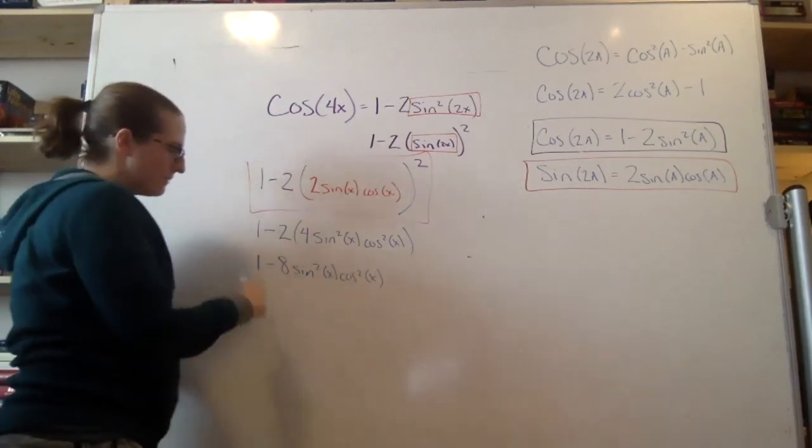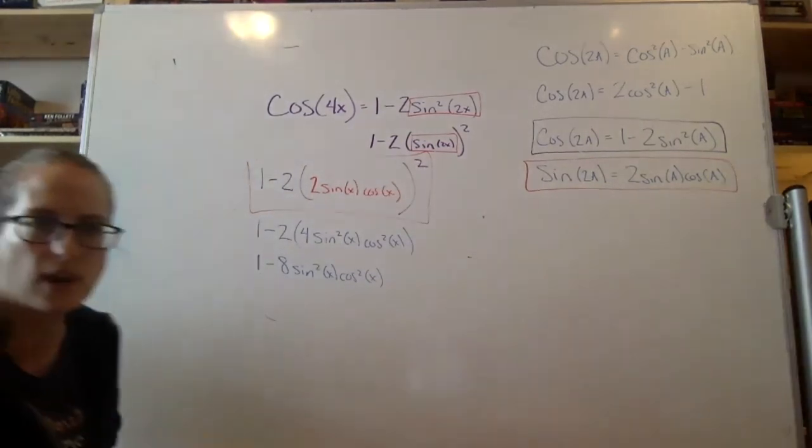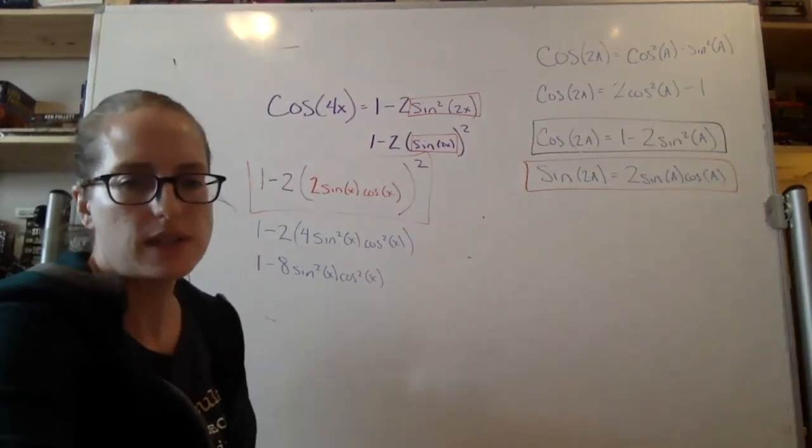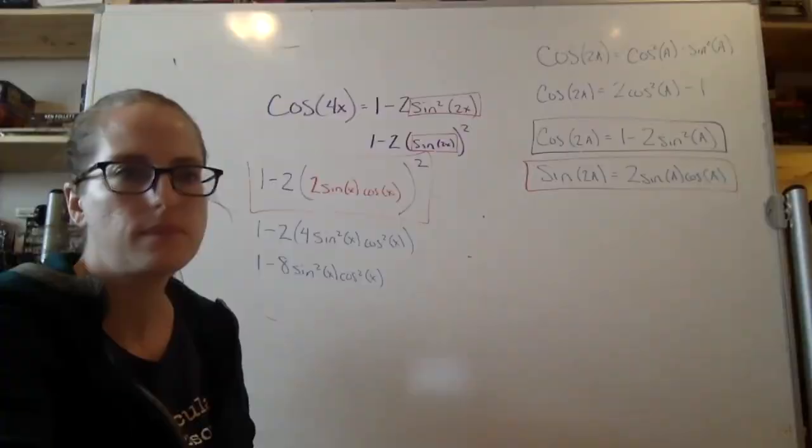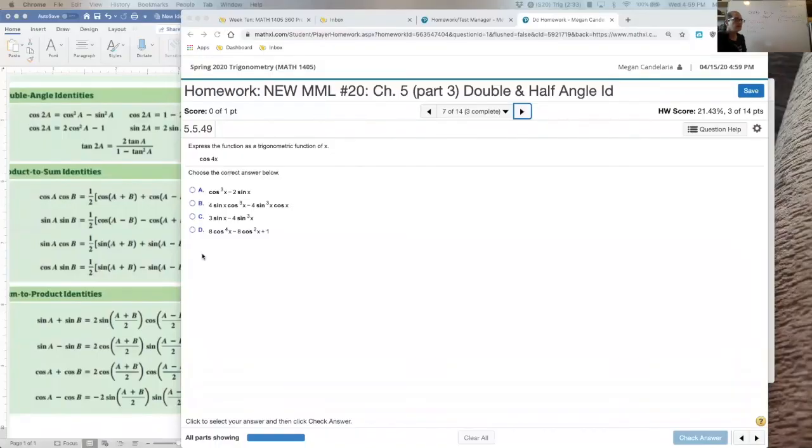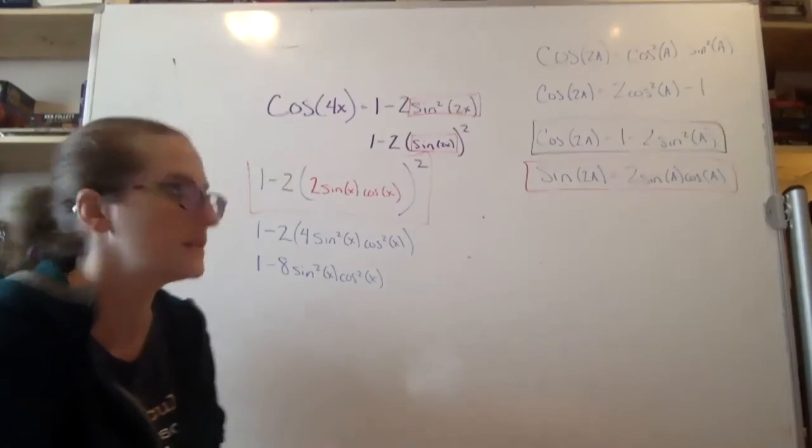Now, unfortunately, this still doesn't look like any of our options. Okay, so let's take a look at our options. I did notice that I have an 8 running around in what I have on the board, and this bottom option seems to have an 8 inside of it. So I'm guessing it's going to be this guy, but I want to show it. And what I noticed is that this only has cosines, where what I have on the board has both cosines and sines.